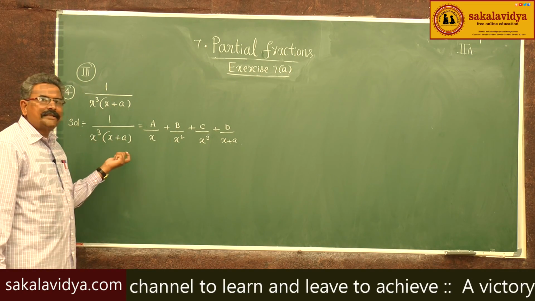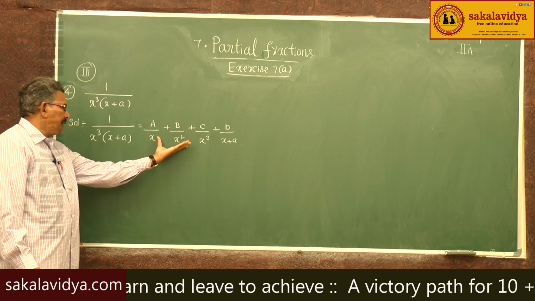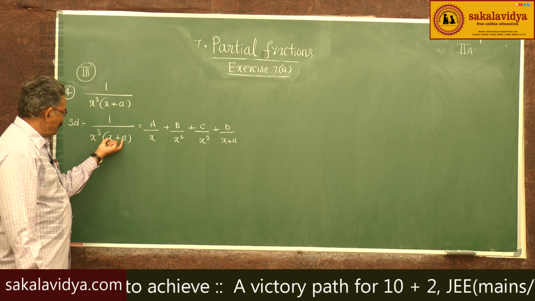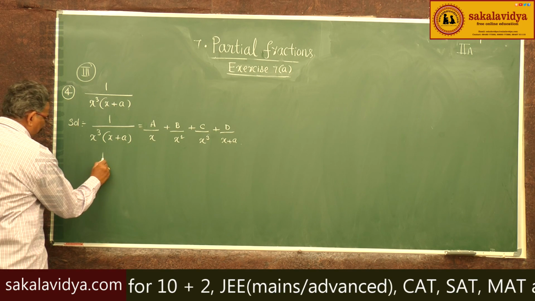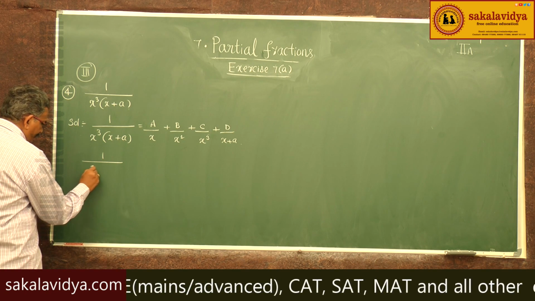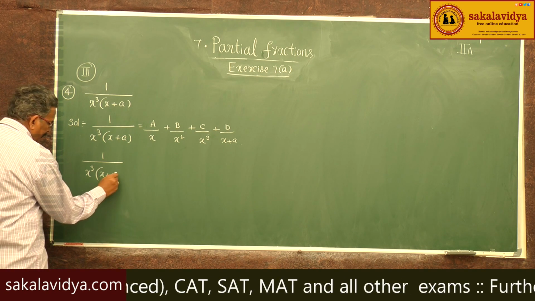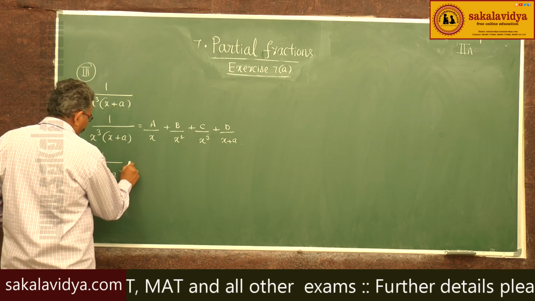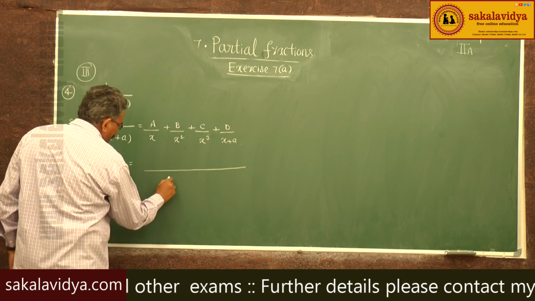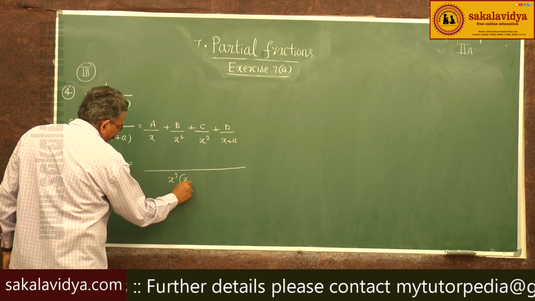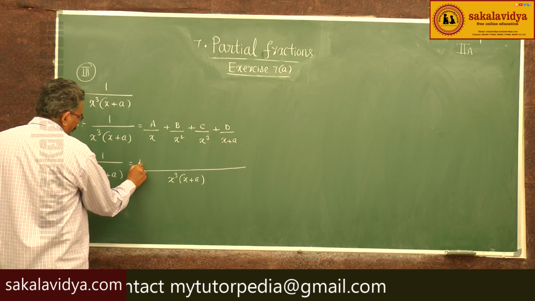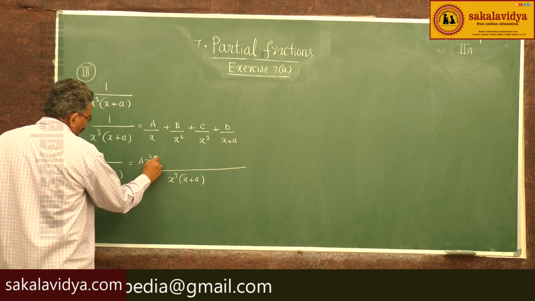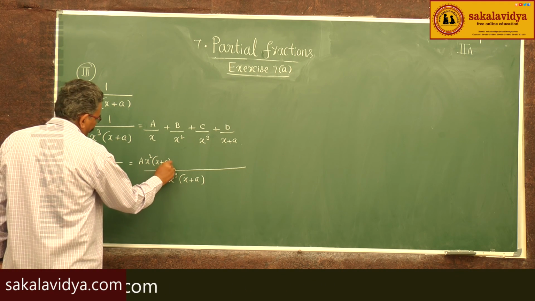Here x is repeated 3 times. So, 3 partial fractions. This is non-repeated. So, we get only 1. So, this is 1 by x cube (x plus a). Here x cube of (x plus a), this divided by x means we get a times x square of (x plus a).